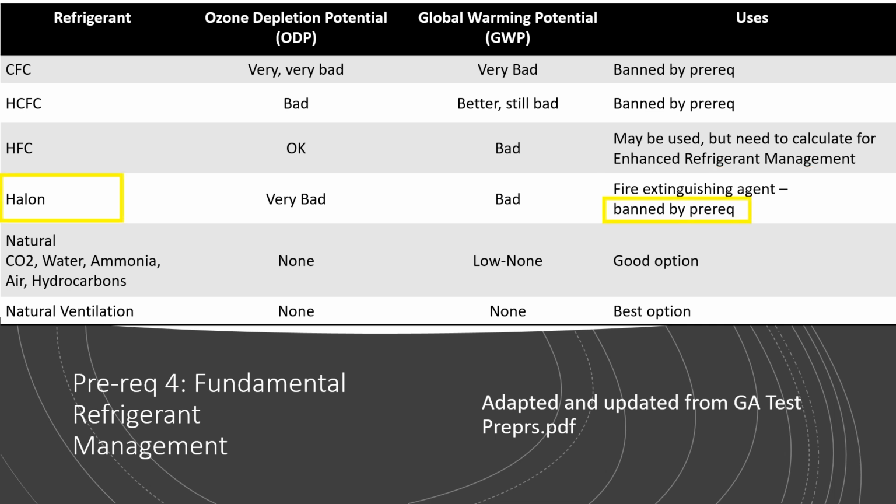Next is halon, which is used as a fire extinguisher, and it is banned by this prerequisite. Halons have a high ODP, up to 10 times greater than CFCs. Halons also have a very high GWP. For all replacements, there's considerable savings in terms of ozone depletion.